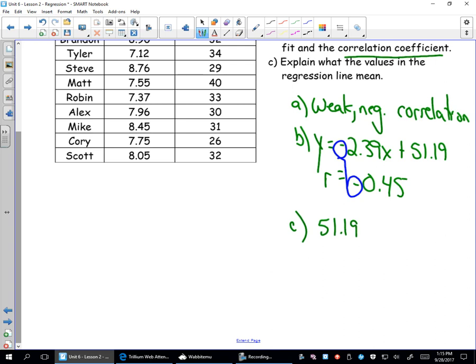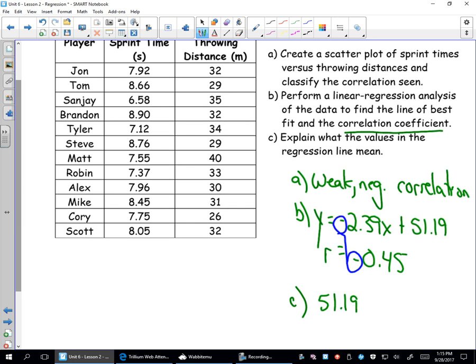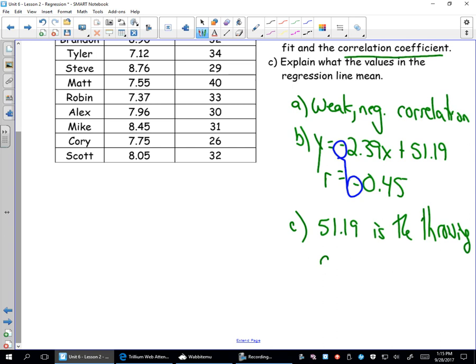51.19. It's a theoretical value. Basically what that means is it's my y-intercept, my starting point. Okay? 51.19 is the throwing distance for a sprint time of 0 seconds.